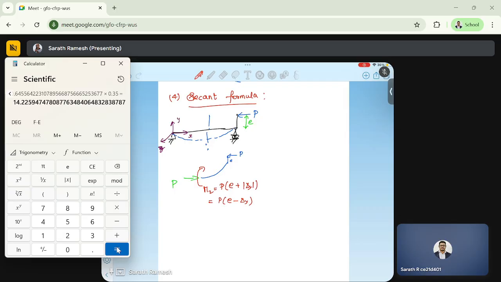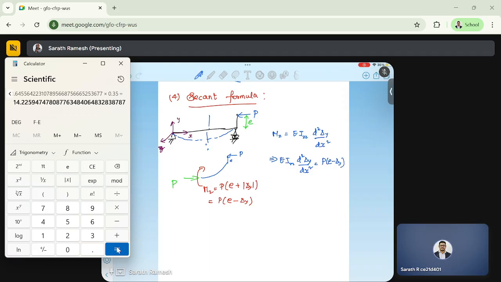Okay. Now, same way, like we use the bending formula, M equal to EI into d square delta y by dx square. We equate this with EIzz d square delta y by dx square is equal to P times E minus delta y.